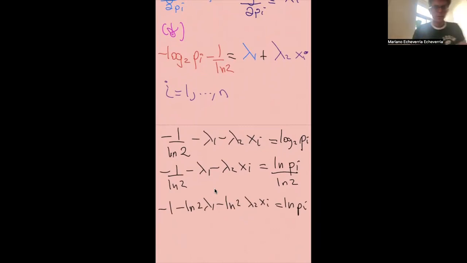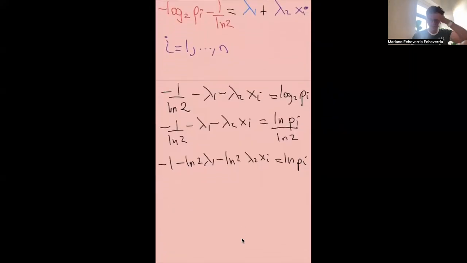And that gives you a formula for the p_i's, right? How do you find a formula for the p_i's? You just exponentiate this term.